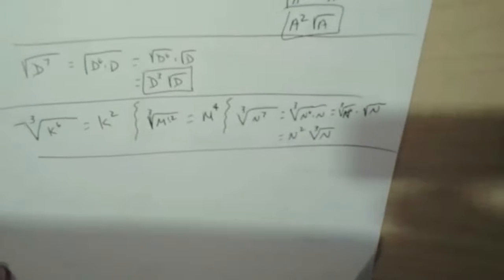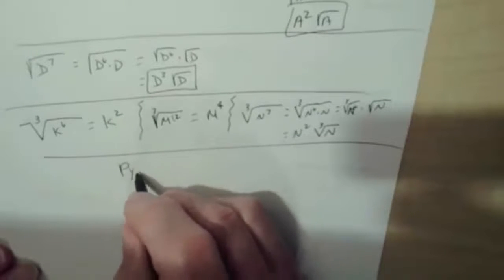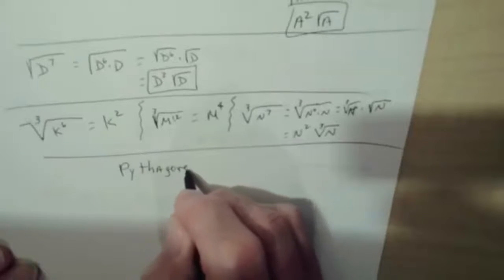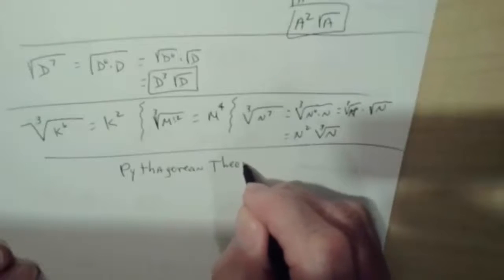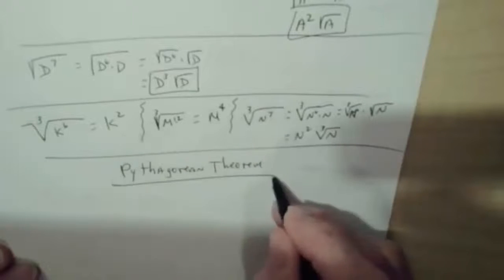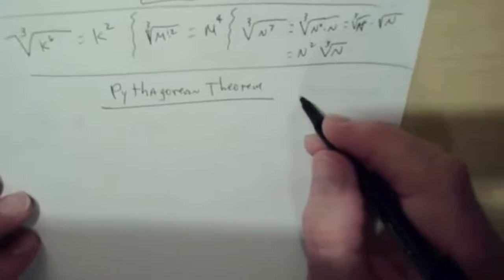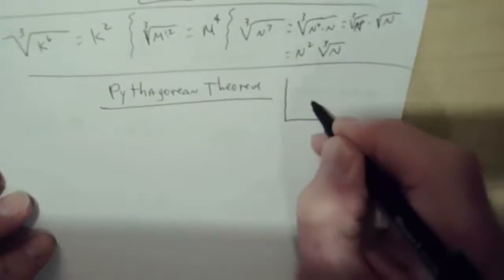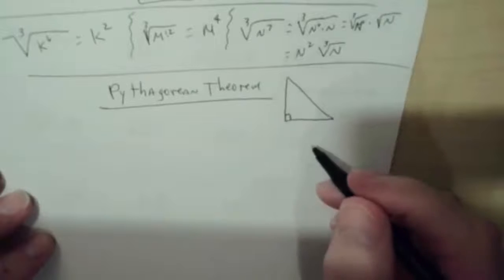All right. Now, Pythagorean theorem. When you have a right triangle, pretend this is a right triangle. Little box in the corner means it's 90 degrees.